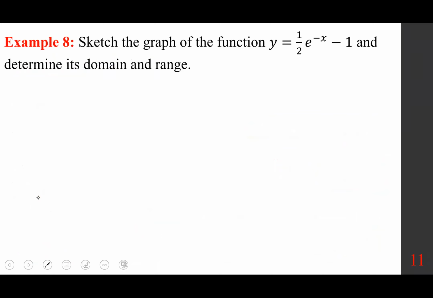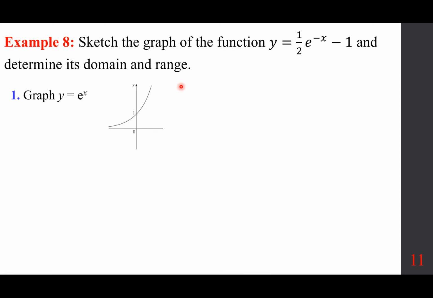All right, so we want to graph the function y equals 1/2 e to the power minus x minus 1, and we want to start with the basic. y equals e to the power of x is the exponential growth we showed in the previous page, regardless of what the base is. If the base is larger than 1, it looks similar to that.